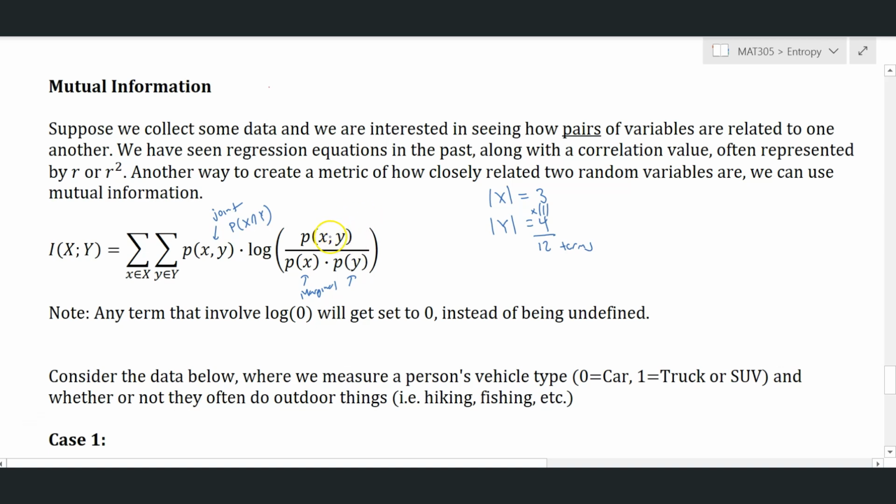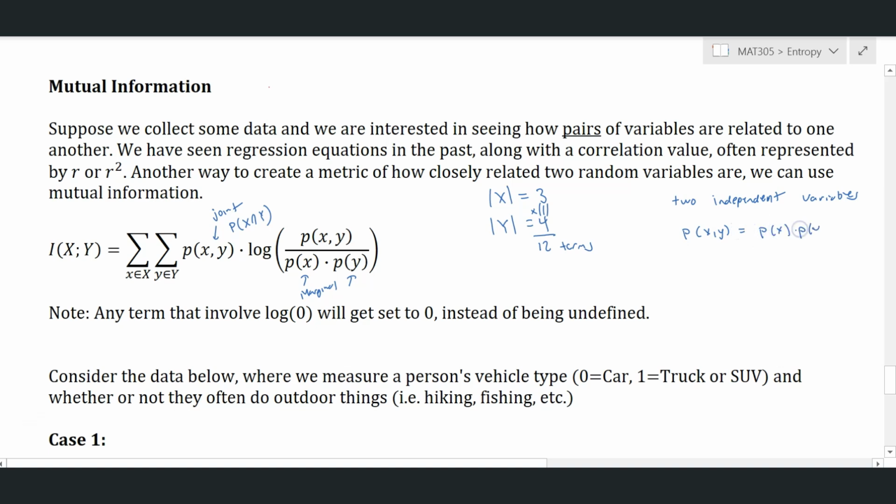One thing we know about Bayes' theorem is that if two events are independent, meaning there's no relationship between how their probabilities affect one another, then the joint probability would be the product of the individual probabilities.